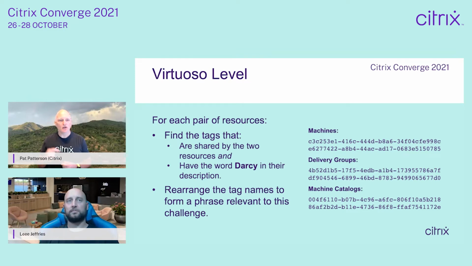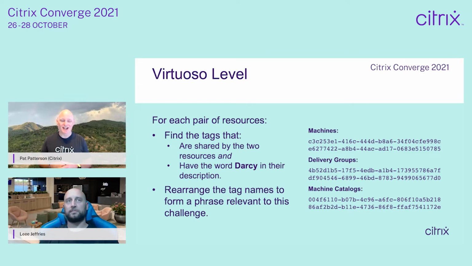So you'll find that those 2 machines have some tags in common, and those 2 delivery groups have some tags in common, and so on. And we're just looking for the tags that have the word Darcy in their description. And here's where I'll thank Lee for setting a lot of this up.